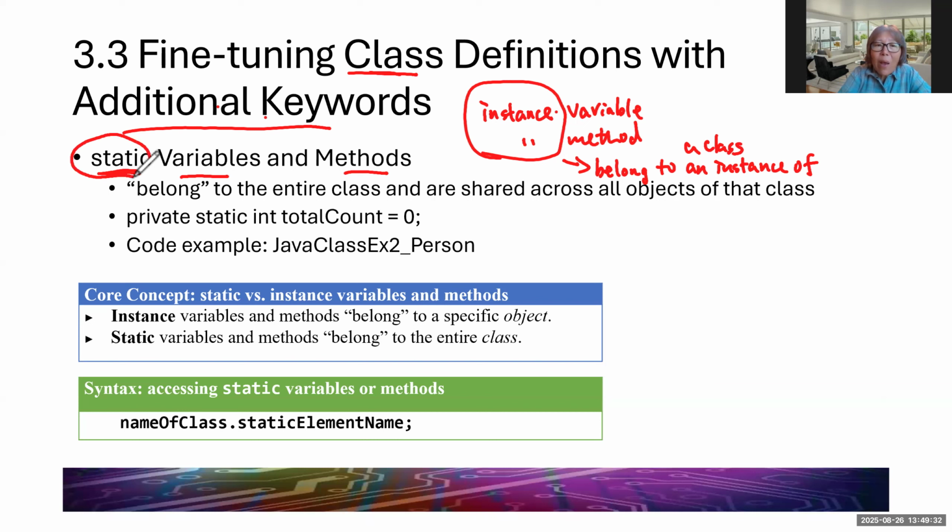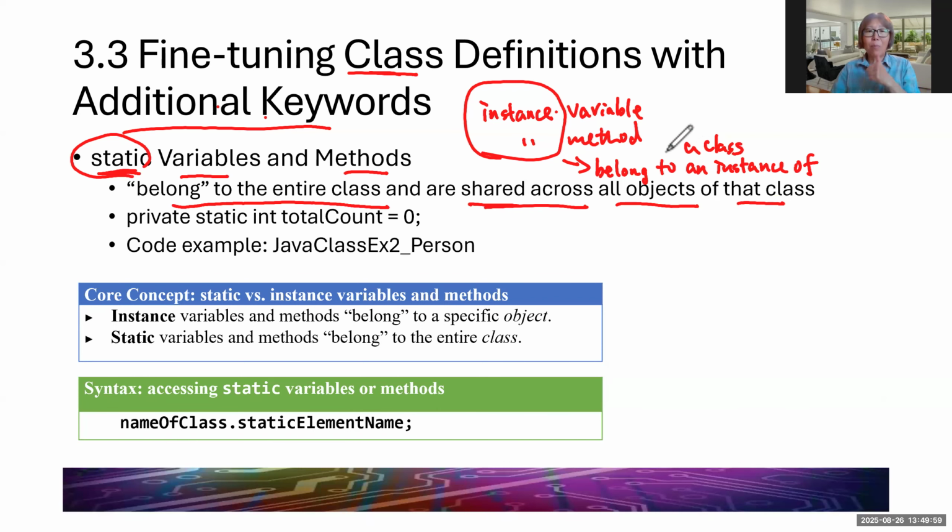And if you have the keyword static ahead of that instance variable or instance method, then they don't belong to a single instance. So they belong to the entire class and they are shared across all objects of that class.